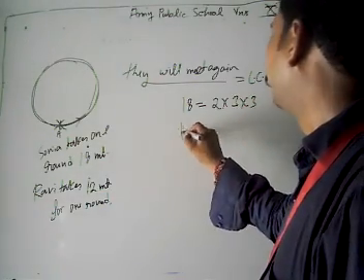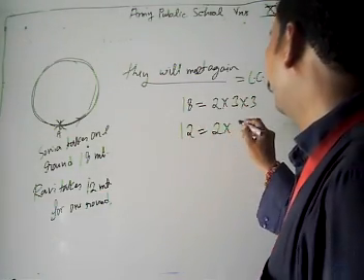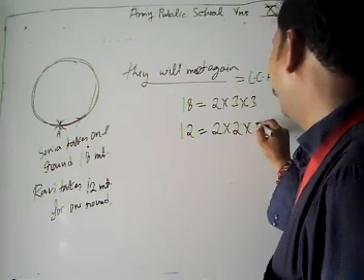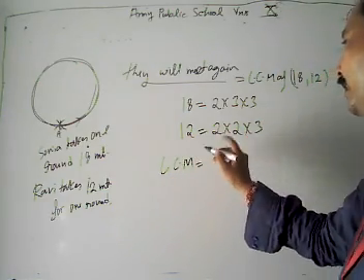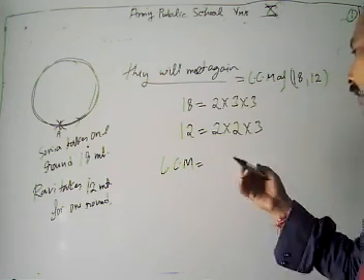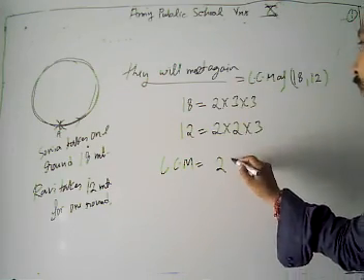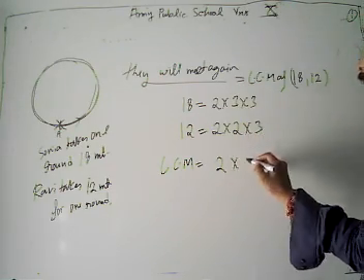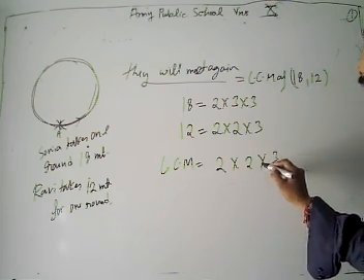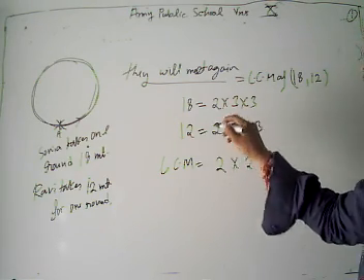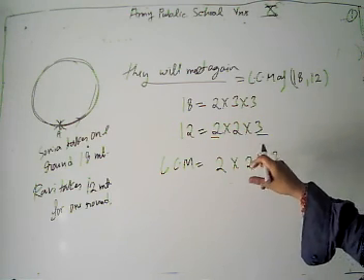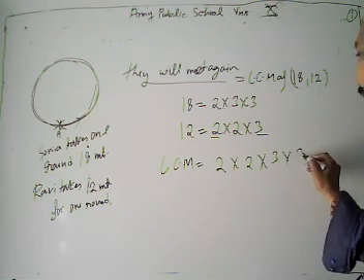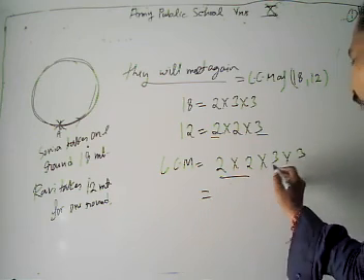The factors of 12 are 2 into 2 into 3. For the LCM, we take the greatest power of each: 2 and 3, then the remaining 2 and 3 give 4 and 9.